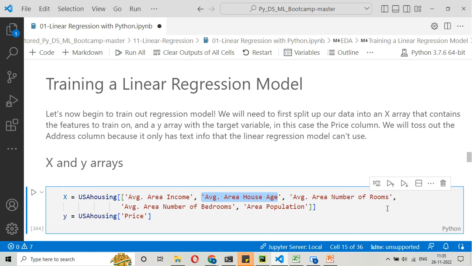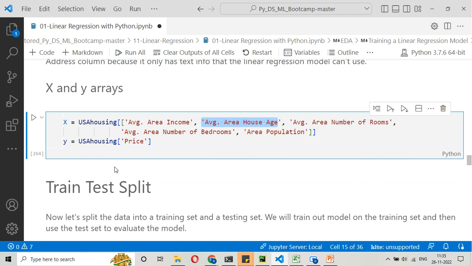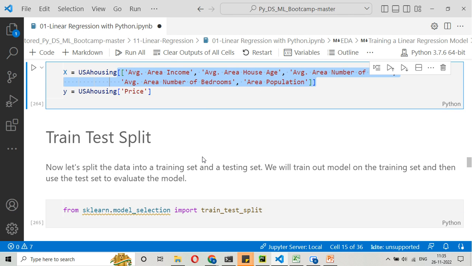Come up with one more new column saying ratio of square of area income to the house age, and create one more new feature and try to check if it really makes sense with the price. These types of feature engineering or new feature creation you can do. But for the time being, we will go with these five columns and try to split.